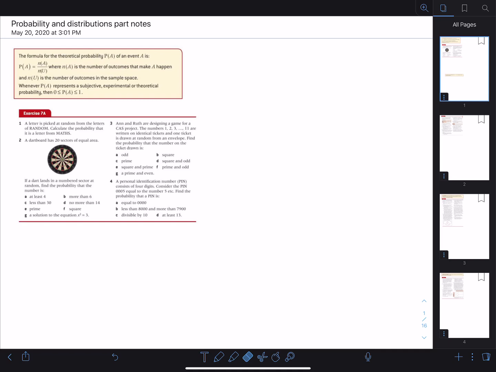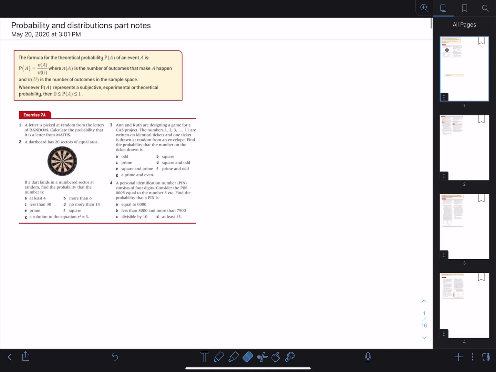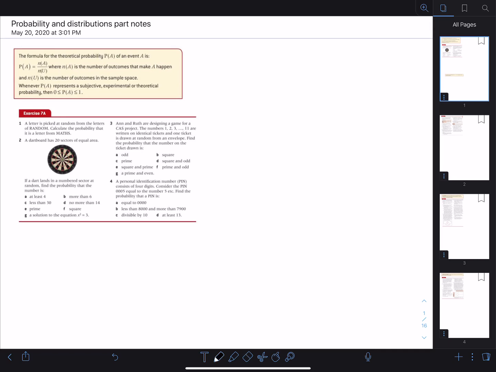First of all, I think you all know intuitively what a probability is, but the notation that we use is P for probability, capital, and inside the brackets is whatever event you are interested in happening.